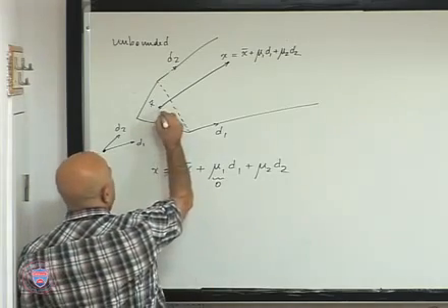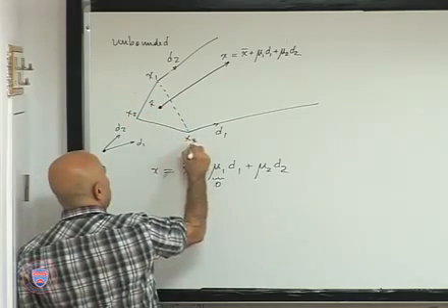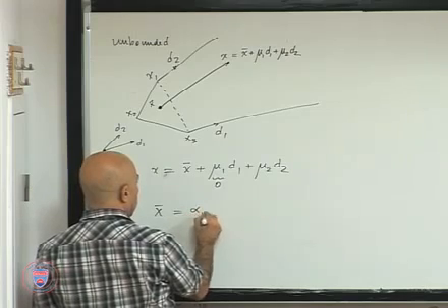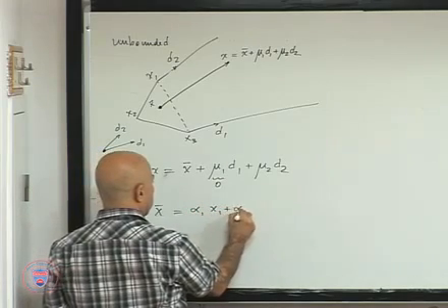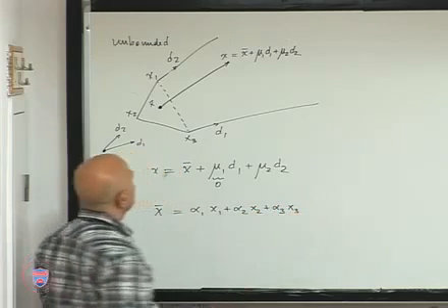So once you pick X bar here, there are extreme points X1, X2, X3. So X bar is equal to, say, alpha 1 X1 plus alpha 2 X2 plus alpha 3 X3. Okay?